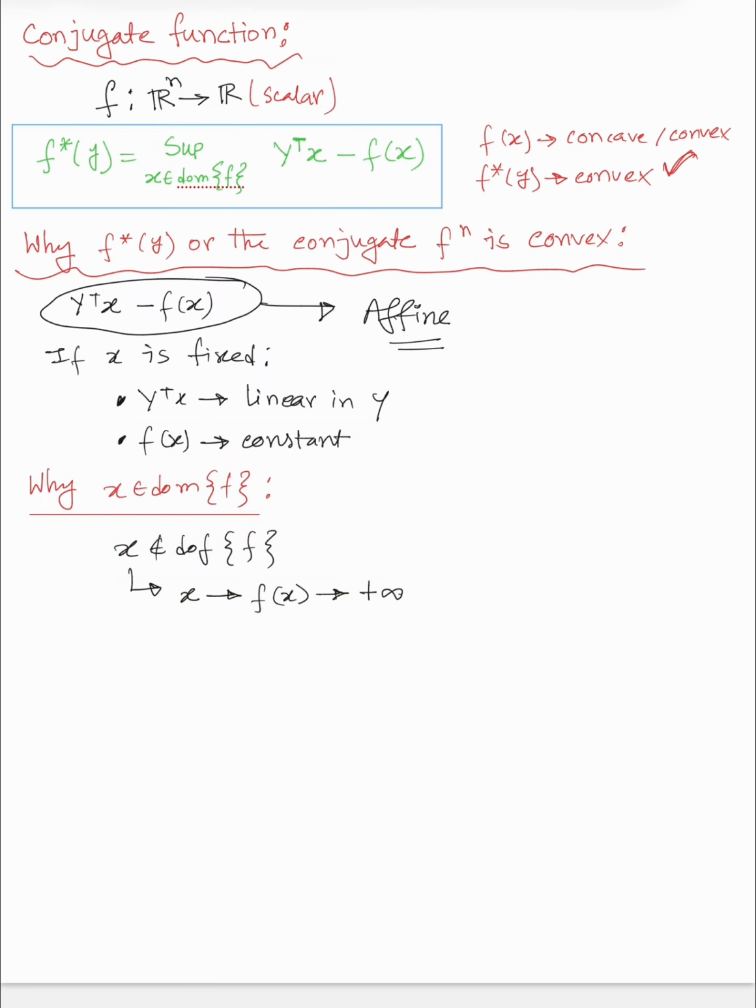If this is the case, then what does our equation turn into?